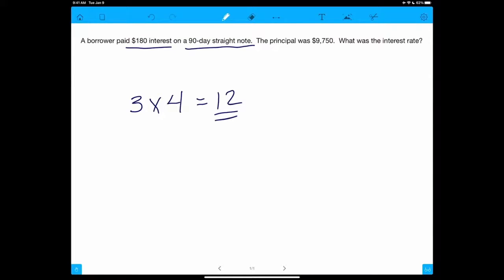So I want to take $180, the amount of interest paid right there, and I want to divide that by 4. Or actually, pardon me, I want to multiply that times 4. And when I multiply that times 4, I get $720.